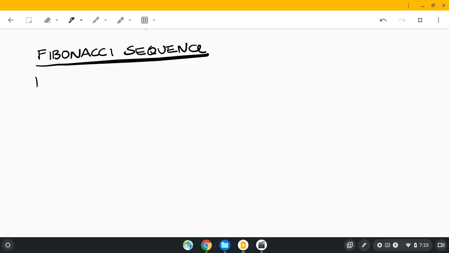All right, it's defined by a recursive formula. So I have to give you the first 2 terms. And we'll call it F1 instead of A1 since this is a very special sequence. It's Fibonacci's sequence. All right, F1 equals 1.